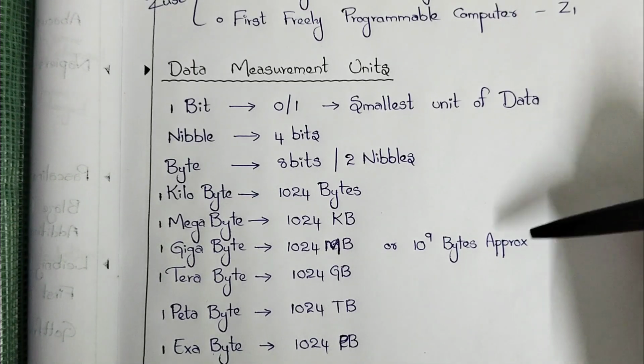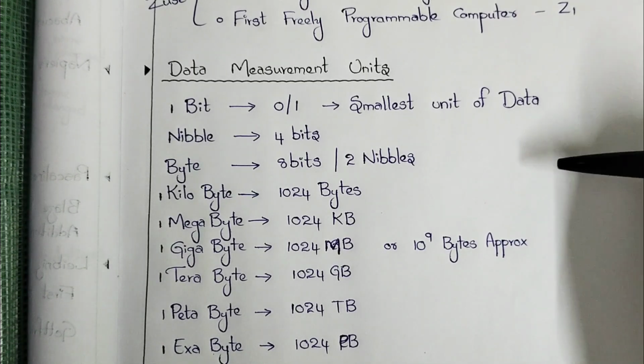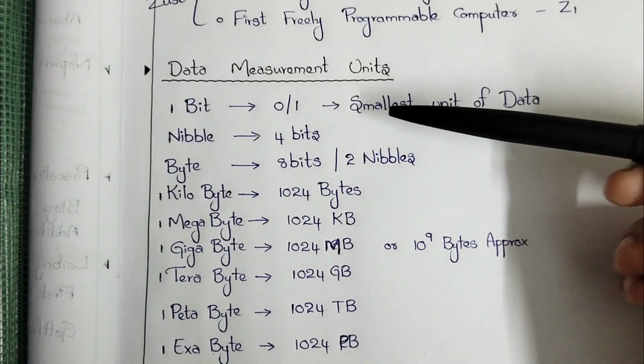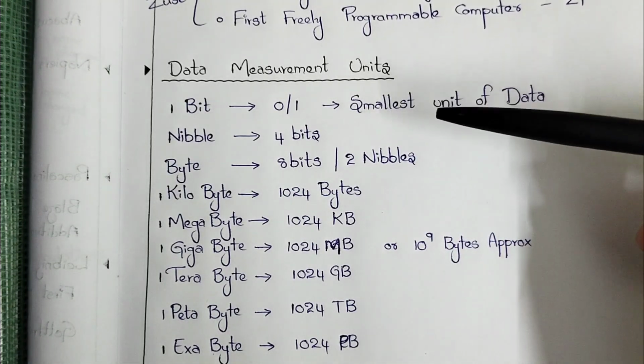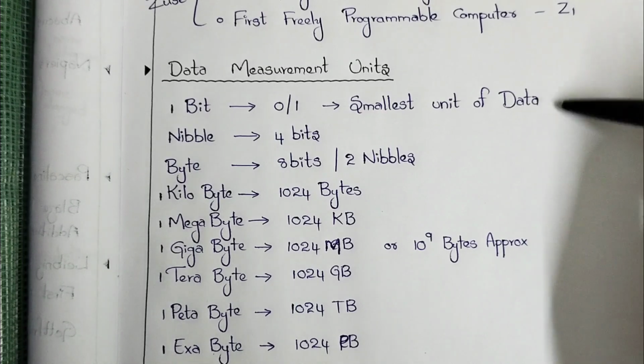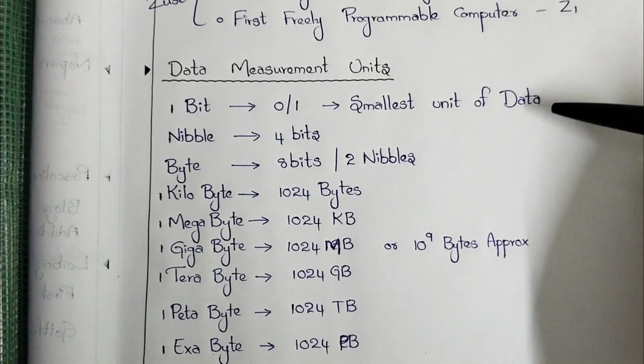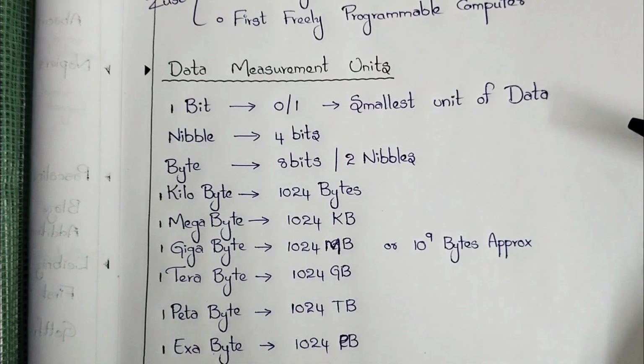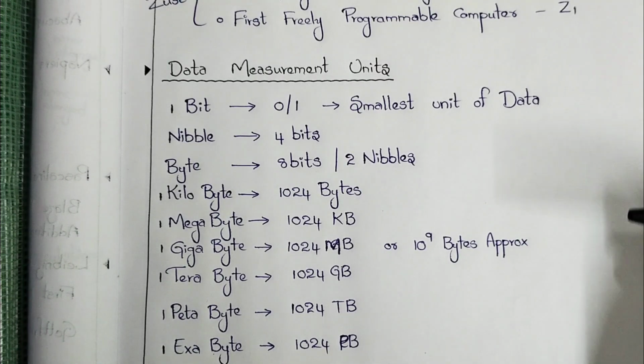Whatever I'm storing in the computer will be stored in the form of bits. A bit is the smallest unit of data. Important point: a bit is nothing but either 0 or 1. The computer can only understand 0 and 1. It also stores the data in zeros and ones.